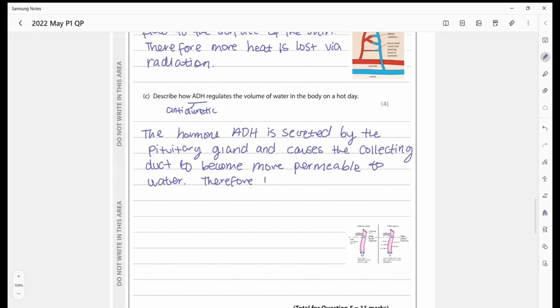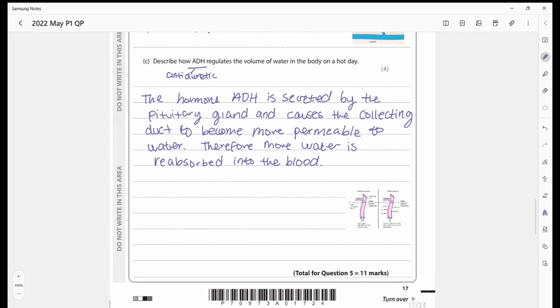Therefore, more water is reabsorbed into the blood. All right.